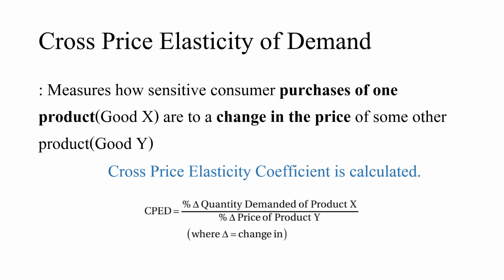We measure the cross-price elasticity of demand using the cross-price elasticity coefficient, and we can calculate that by the formula shown on the screen: percentage change in quantity demanded of product X over percentage change in price of product Y. So why is this important?